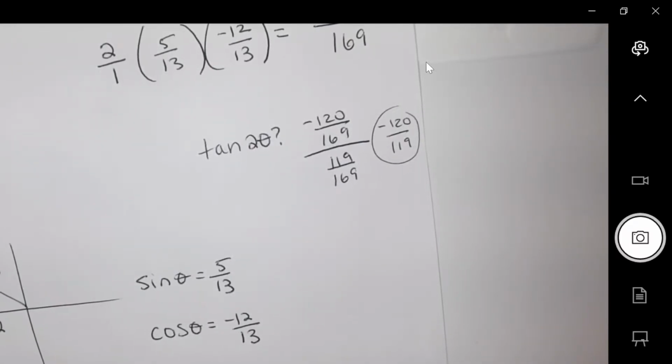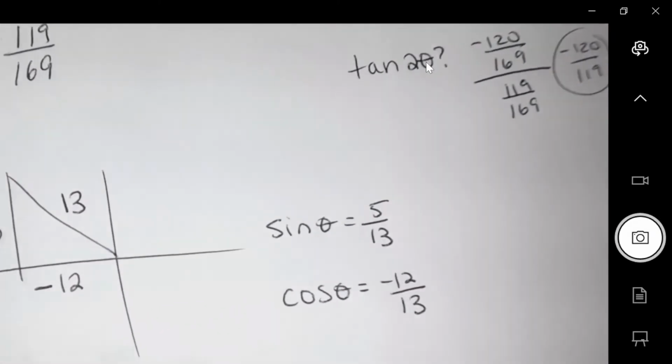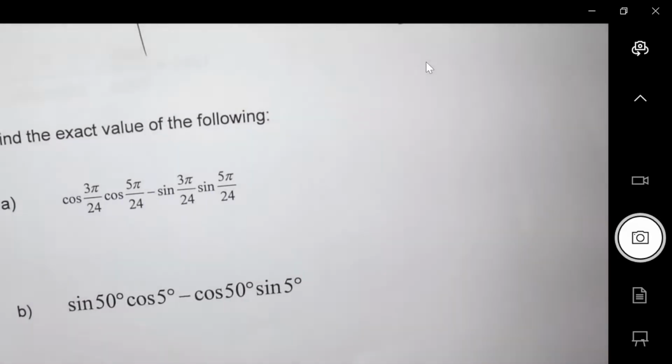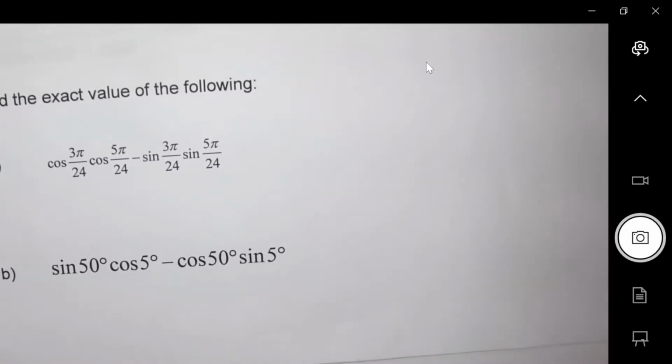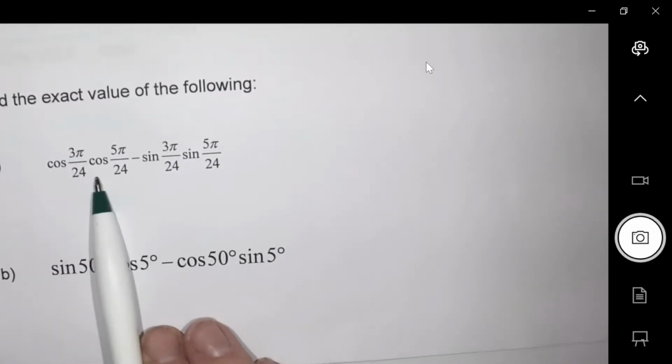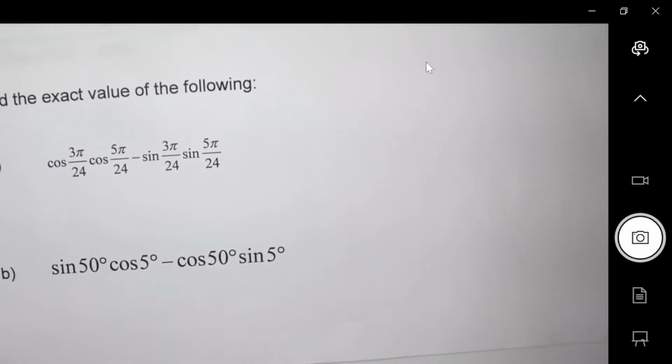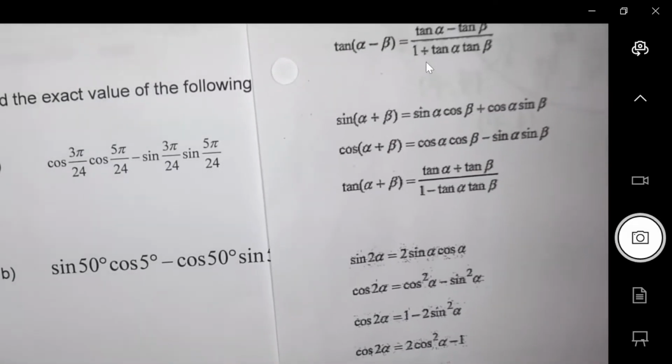Okay, so how do we work backwards from formulas? So question 3, there's some of these on your test, working backwards. So which formula looks like this? Cos cos minus sine sine. Which formula looks like that? Cos cos.